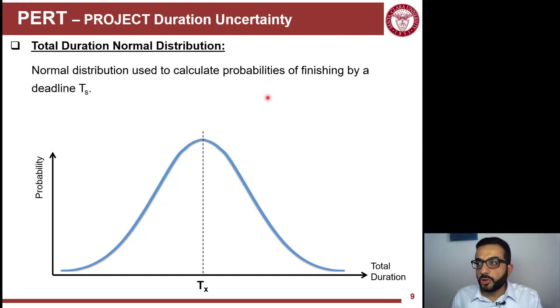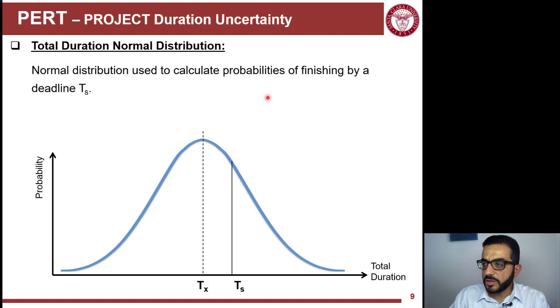So now you will be able to use that normal distribution to figure out the real question here: what's the probability of finishing within a time period for a bunch of activities or for the whole project?